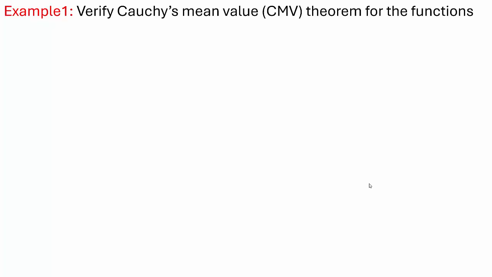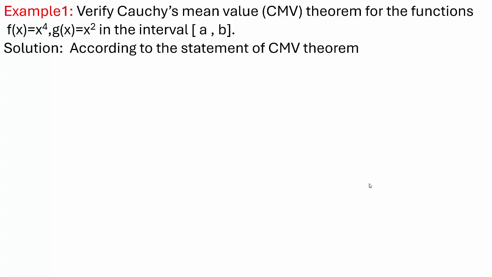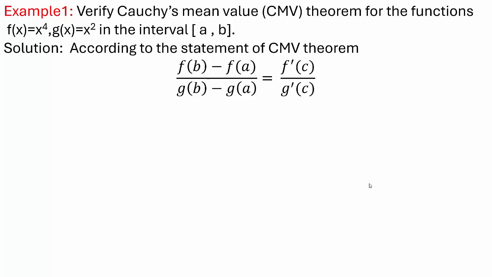Verify Cauchy's mean value theorem for the function f of x equal to x raised to 4, g of x equal to x square in the interval ab. According to the statement of Cauchy's mean value theorem, we have f of b minus f of a divided by g of b minus g of a equal to f dash c divided by g dash c.